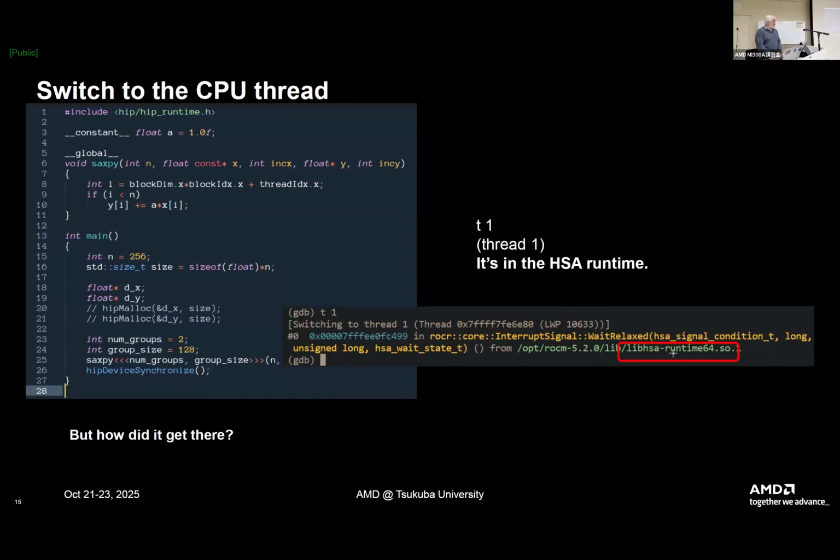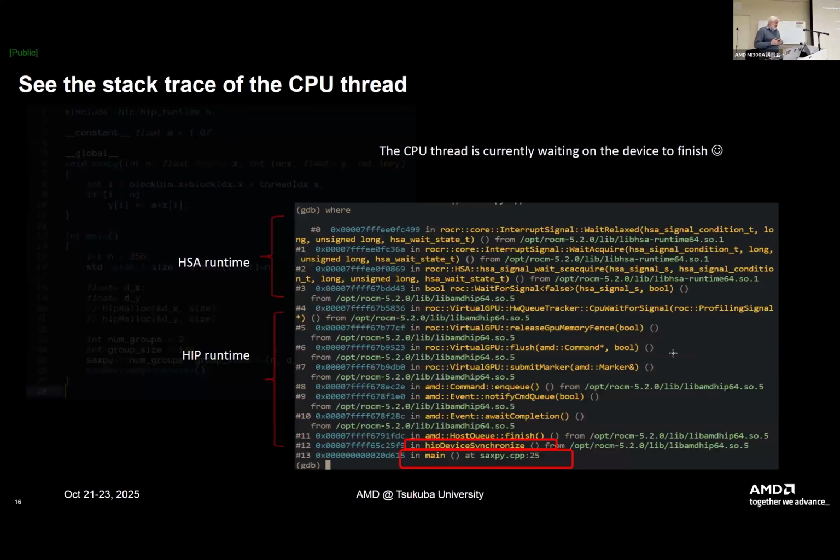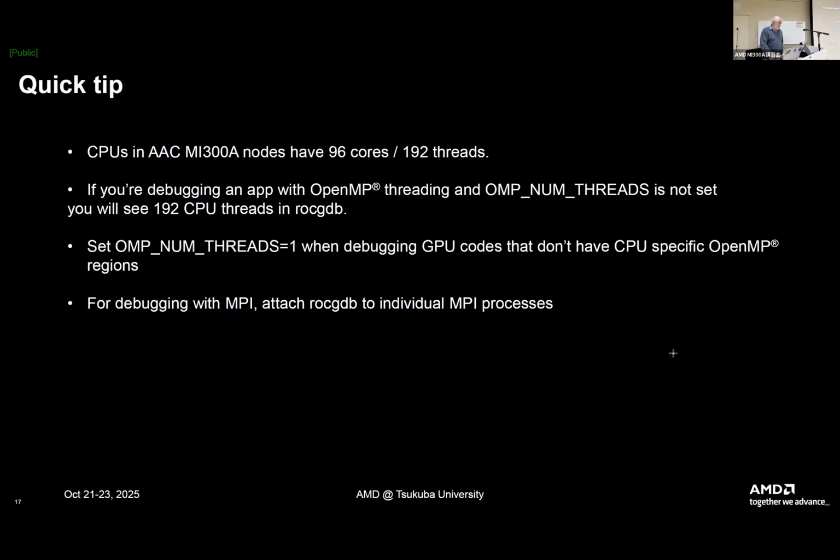So it's telling us that it's a low-level routine causing a fault in our HSA runtime. So right now the CPU thread is just waiting for everything to finish, and it's going to wait a long time. So on the CPU side, we don't really know exactly what's happening.